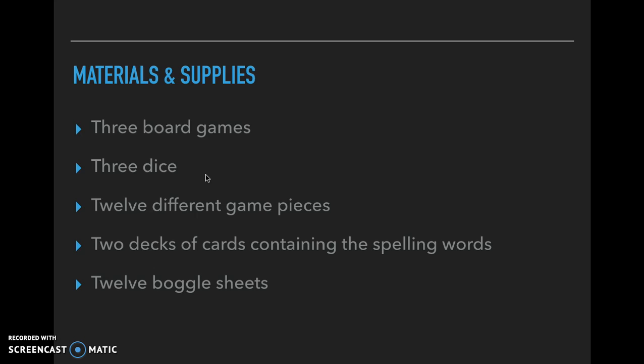That should say 3 decks of cards containing the spelling words, one for each group, so that students can read them off to each other to spell. And then I would have 12 Boggle sheets, because once they are done with this, students will be working independently on these sheets, trying to earn extra points and see if they can find the words in them to get a sense of that type of spelling.